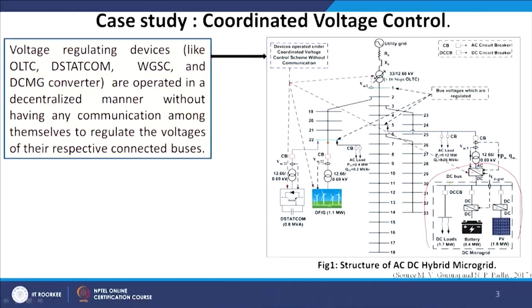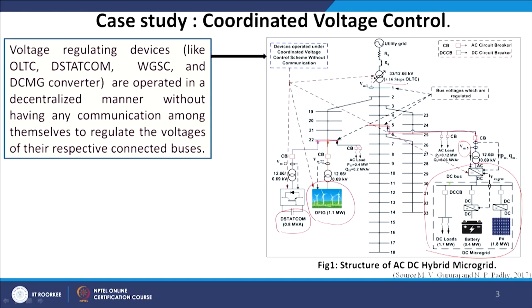Now, focusing on a simple test system, we have considered the IEEE 33 bus distribution system, as you can see. We have connected a DC microgrid at bus number 5, and we also have connected a D-STATCOM and a DFIG at bus number 22.